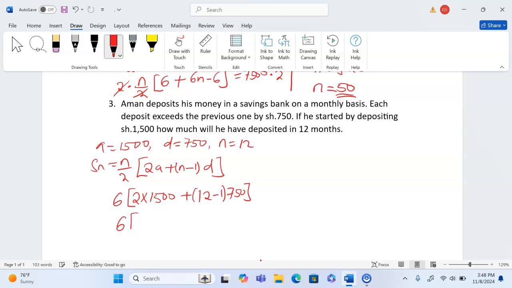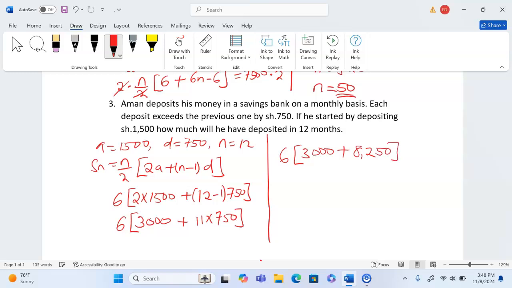We move down, we are going to have 6. 2 times 1500 will give us 3000 plus 11, that is 12 minus 1 is 11. You multiply by 750. This one is going to be equal to 6 into 3000 plus, if you take 11 times 750, you get 8,250.